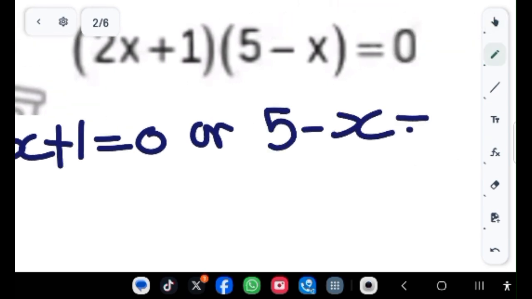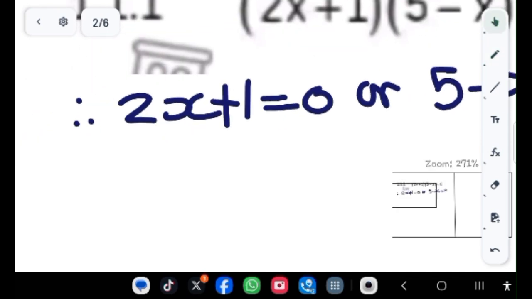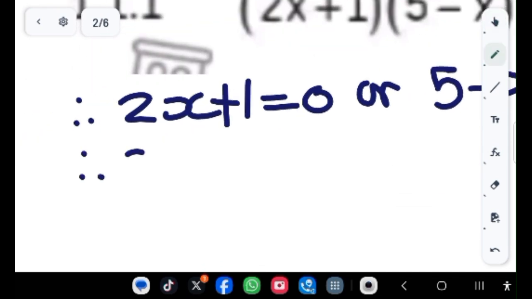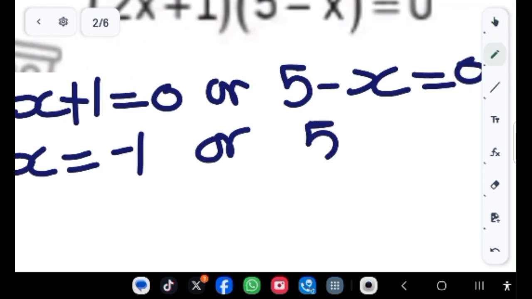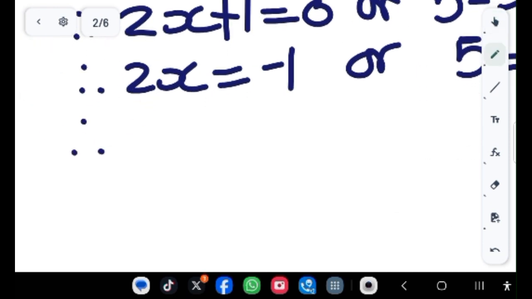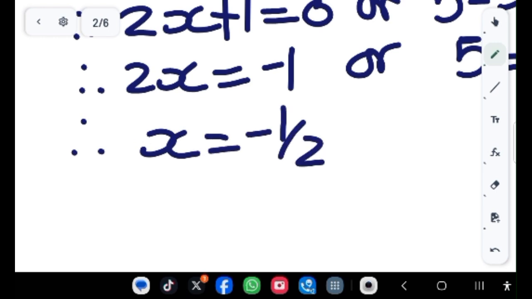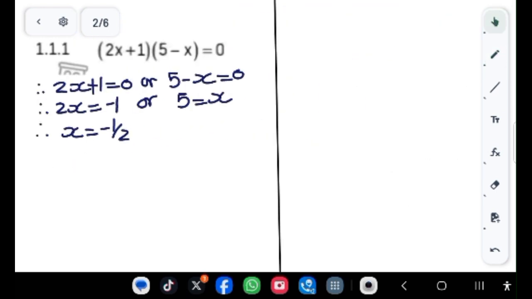This one is standard. You should by now know how to do this. No sweat. Therefore 2x equals negative 1, or 5 equals x. Easy that way. You don't have to divide anything by negative or anything like that. And that's it. We're done with this question.